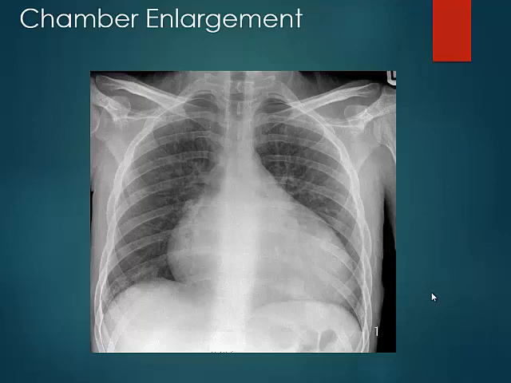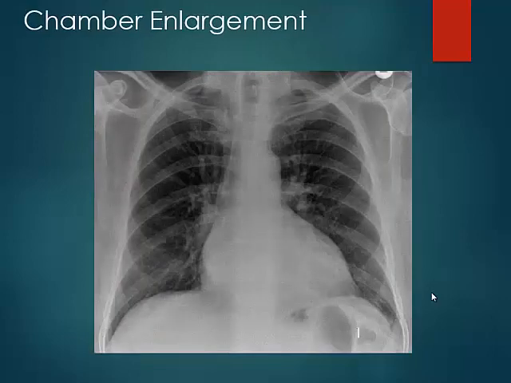Prominent? Okay, tell me about the ventricle. Focus on the ventricle here. Which ventricle is enlarged? Right. Why do you say right? The apex is extended. Is that a feature of right ventricle enlargement? No. If the apex moves to the left and inferiorly, that's a sign of left ventricular enlargement, as the apex is formed by the left ventricle. So this patient predominantly has left ventricular enlargement from whatever cause.